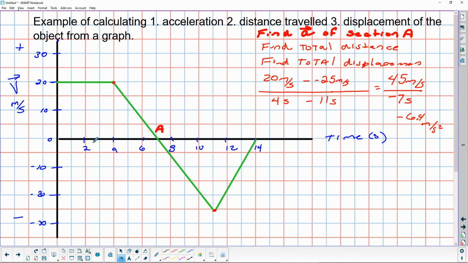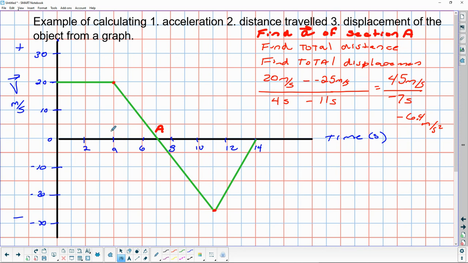So don't go in here, just this stuff, and don't go up here, just this stuff. You're always going between the x-axis and the graph line that's on the page. So right here and right here.